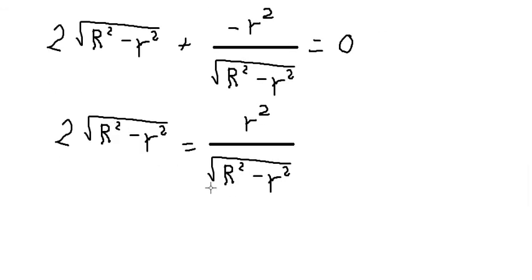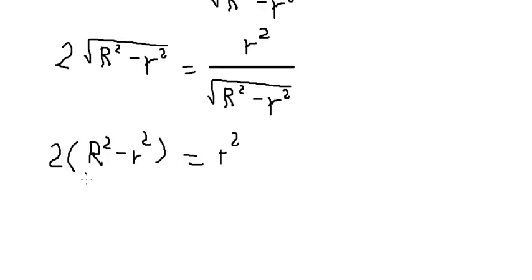So we have two square roots, they multiply each other. And we have 2 capital R squared minus 2 small r squared equals r squared.